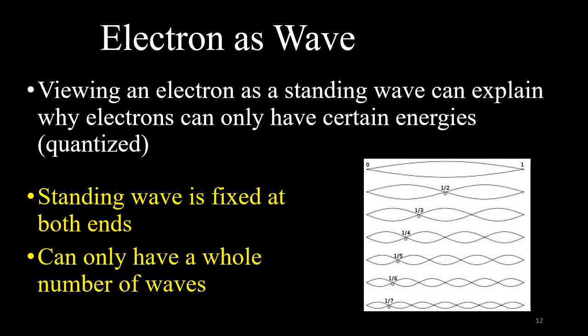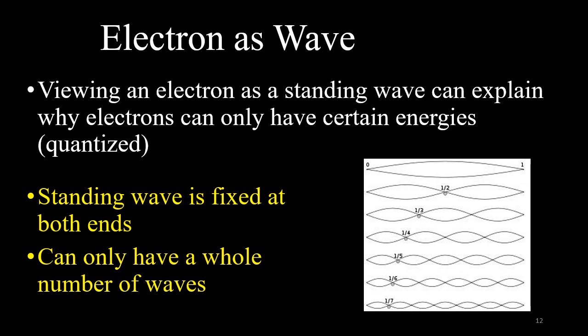If you hold down 2 fingers and fix it in 2 different places, now you have 3 waves, and then 4 waves, and then 5, 6, 7 waves, but you can only have a whole number of waves because of the way the rubber band or guitar string is fixed in place. You can't have half a wave. That's the thing about the standing wave: you can only have a whole number of waves.